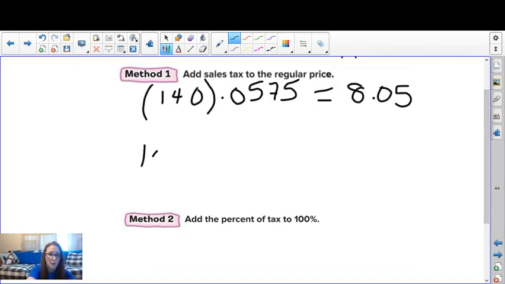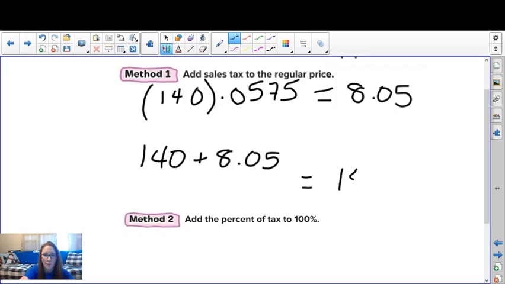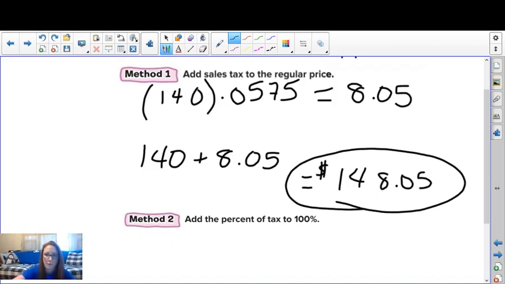So I'm going to take that 140, which is the cost of my exercise equipment, plus the $8.05, and I get $148.05. So that's method 1. Nothing wrong with it. Always works, tried and true.